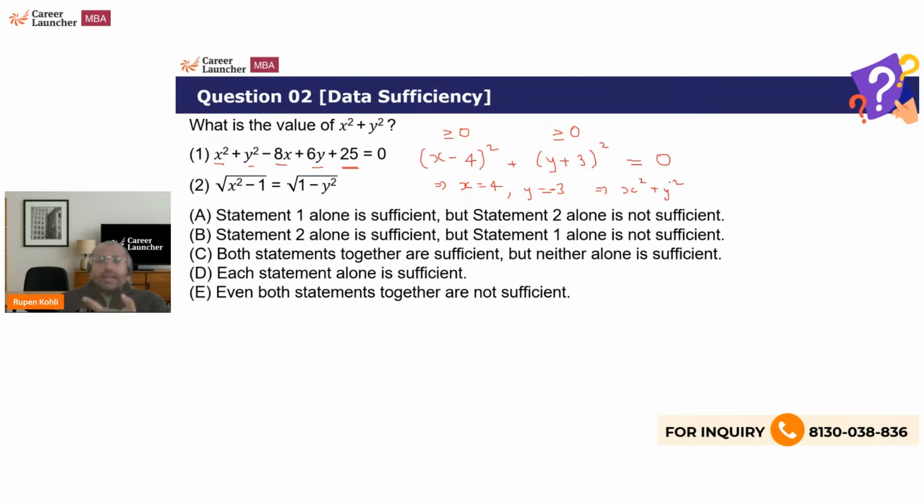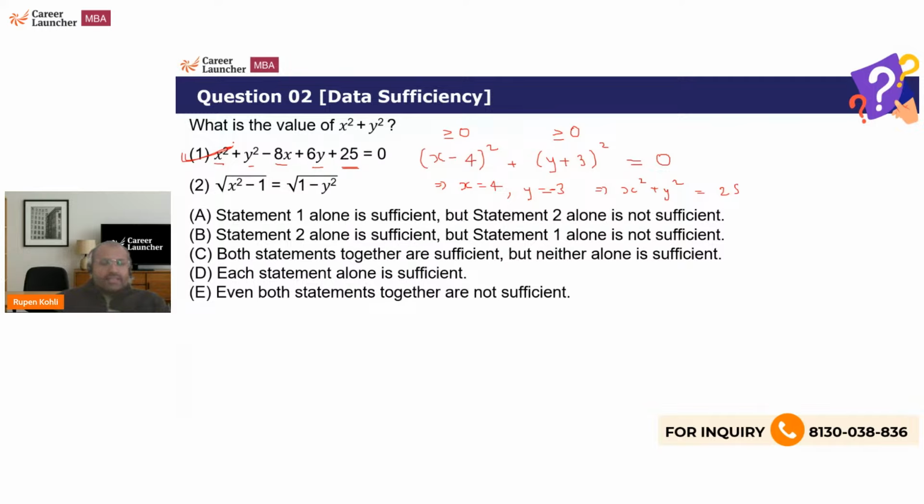So with that, your x square plus y square comes to be 4 square plus minus 3 whole square, which is 25. So statement 1 is very much sufficient. The point is that on the surface level, it is easy to miss this point.